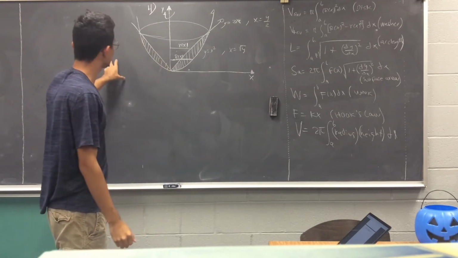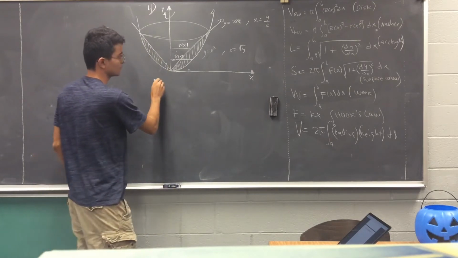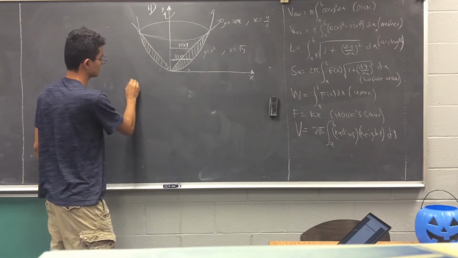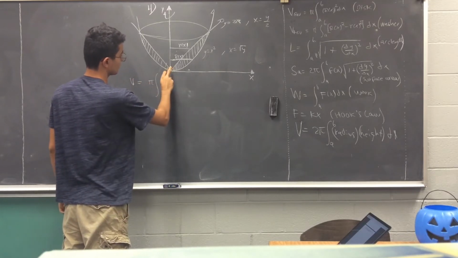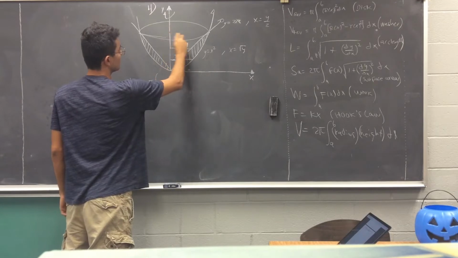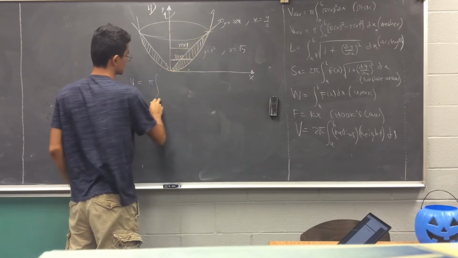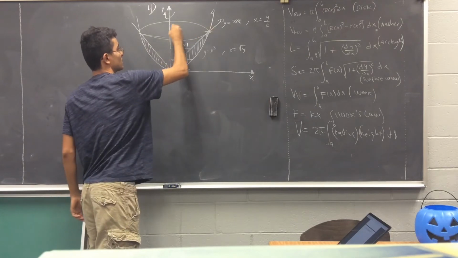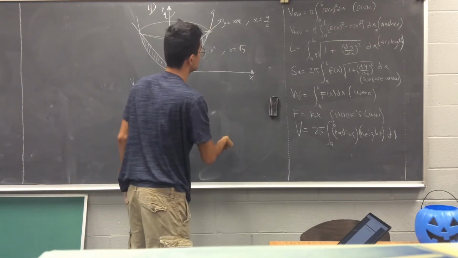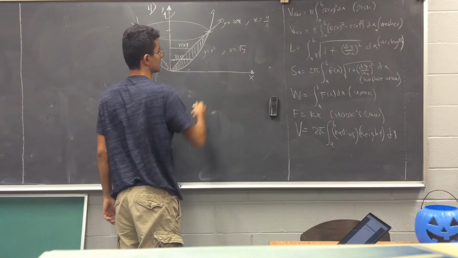So now let's build up our integral. So the volume has to be pi times the integral from here to here, right? So whatever they intersect, because we're integrating in terms of y, we have to find the y value at this point of intersection. To find the points of intersection, we could just set these functions equal to each other.